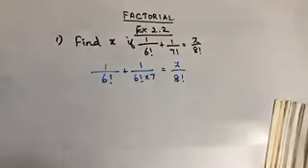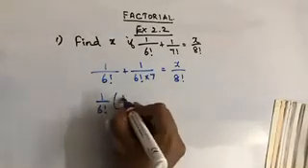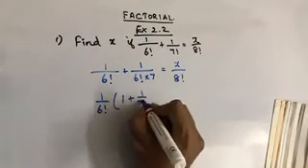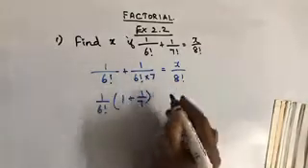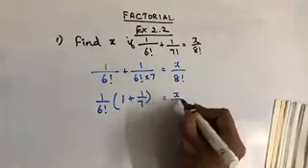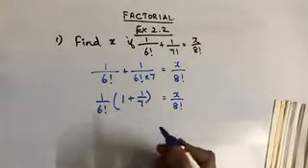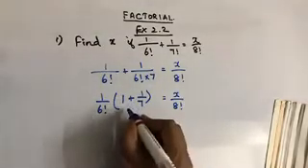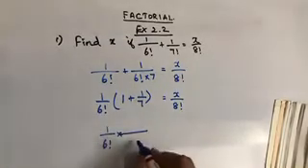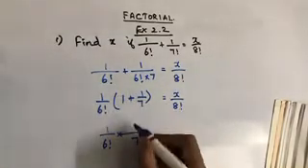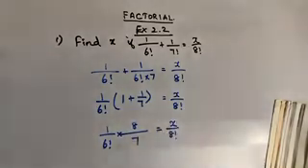I'll take 1 by 6 factorial as common, so 1 by 6 factorial into (1 plus 1 by 7) is equal to x by 8 factorial. Okay, so 1 plus 1 by 7, the LCM is 7, so 7 plus 1, it is 8, equal to x by 8 factorial. We have to find the value of x.